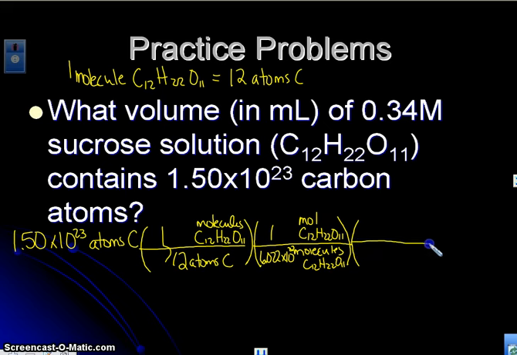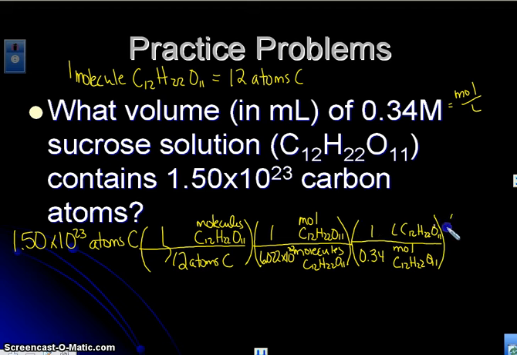Now that we have our moles, we know how to use our molarity as a conversion factor to get to our volume. We've got moles on the bottom here, and we want to go to liters. Remember, our molarity equals moles over liters. So that's 0.34 moles in 1 liter. Now our problem is asking us for our volume in milliliters.